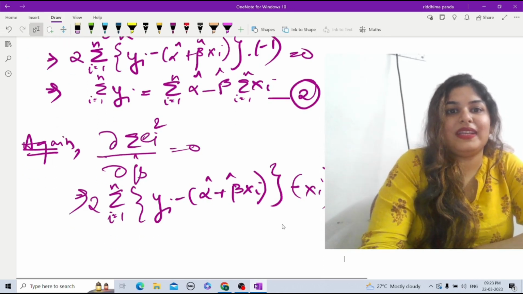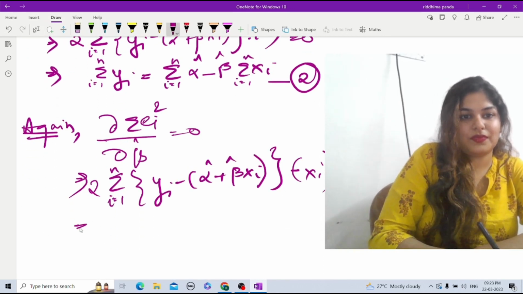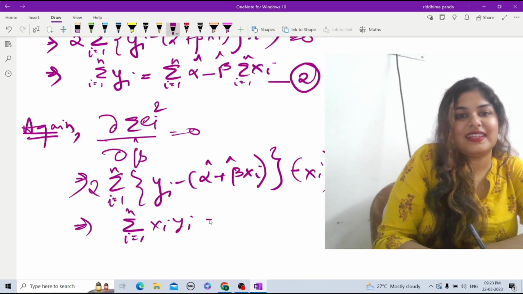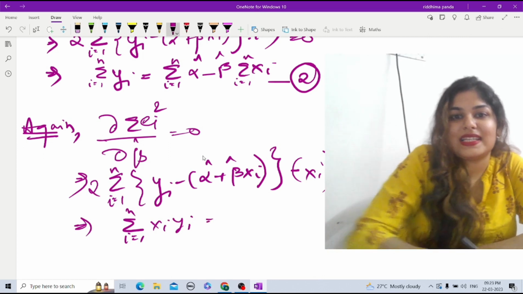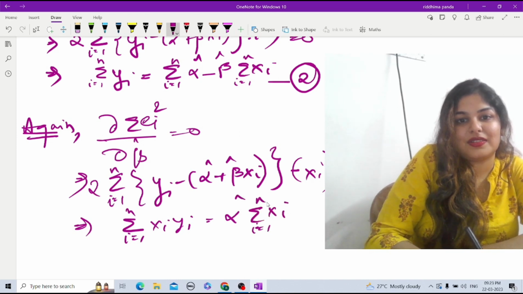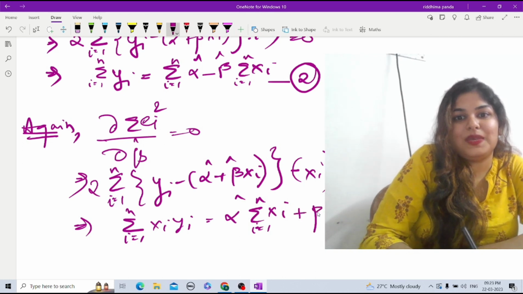So now let's simplify this. We get summation i equals 1 to n of xi yi equals alpha hat summation xi plus beta hat summation xi square, right?